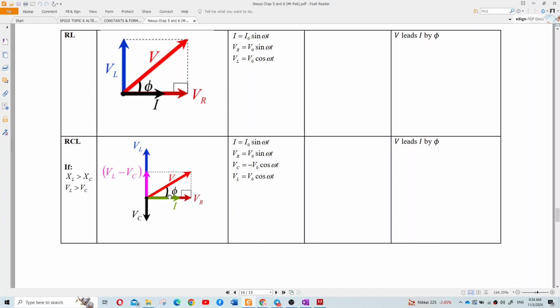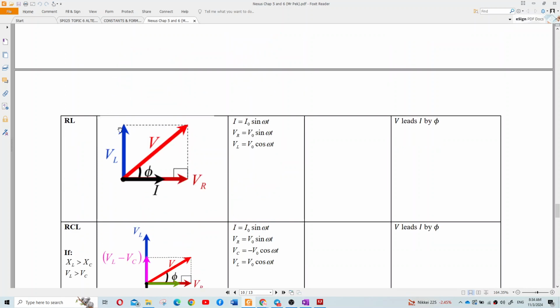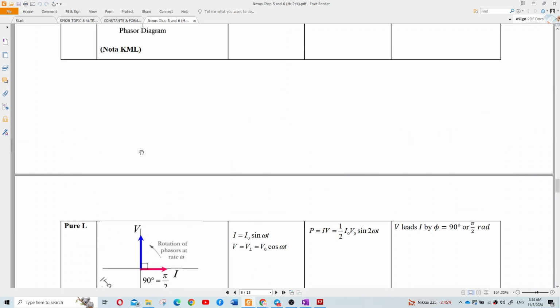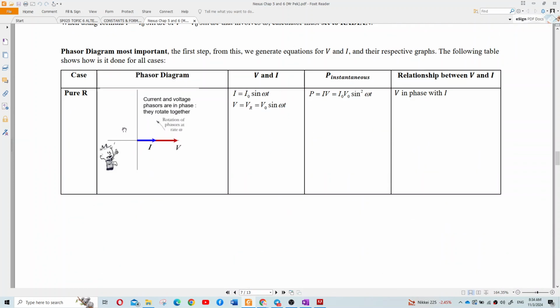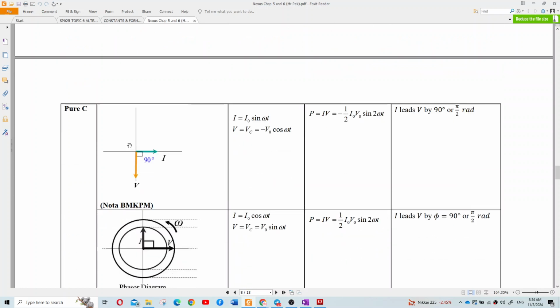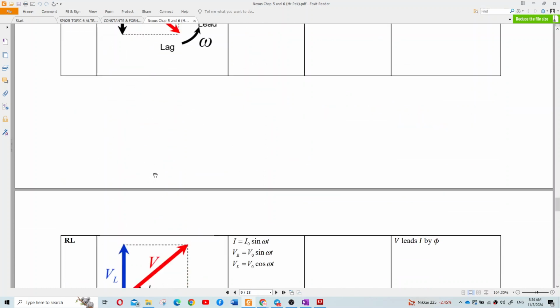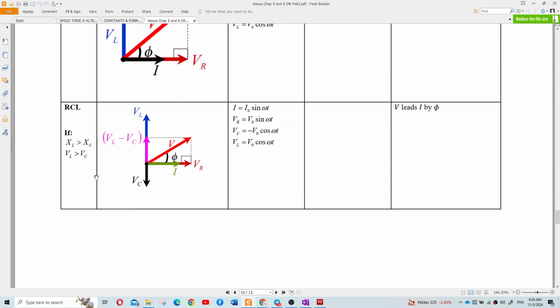For the capacitor, current leads, so VC is below. For the inductor, voltage leads current, so voltage is above. So combining all three, we have this.